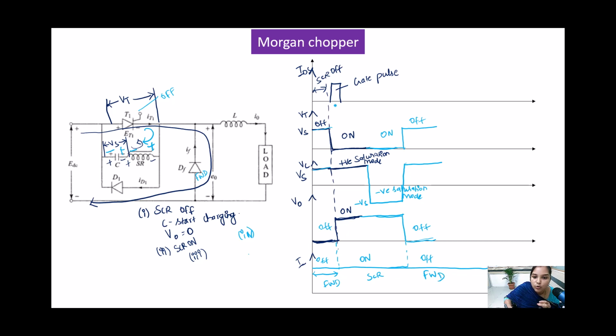So these are the four modes of operation. This is the first mode, and this is the second mode, and this is the third mode, and this is the fourth mode. Thank you.